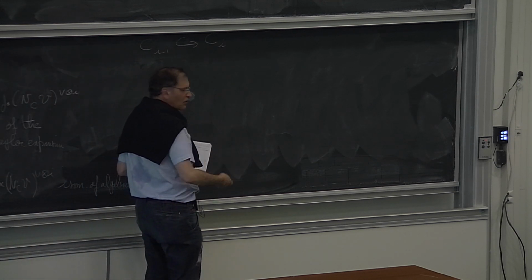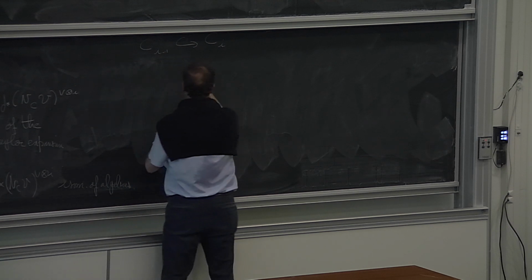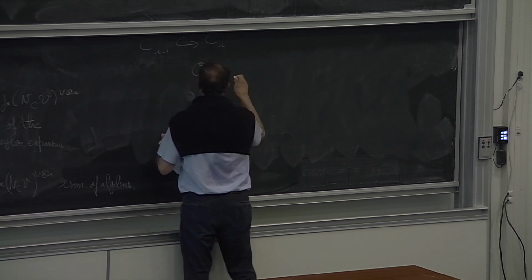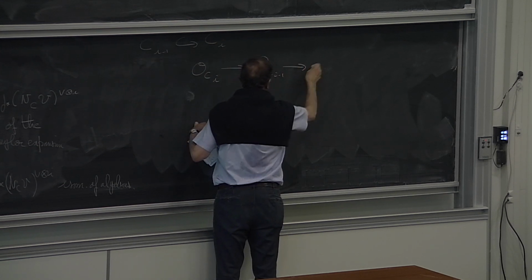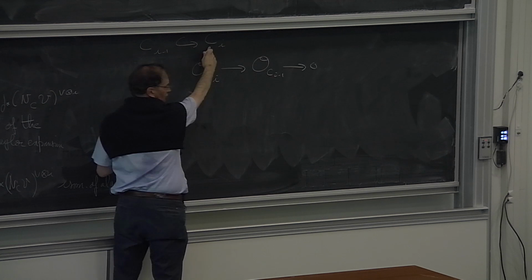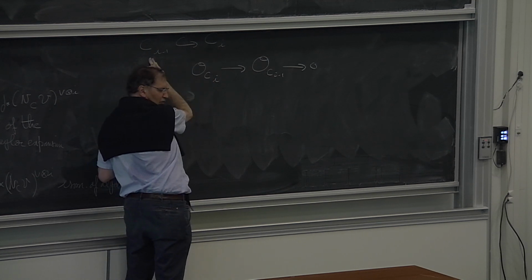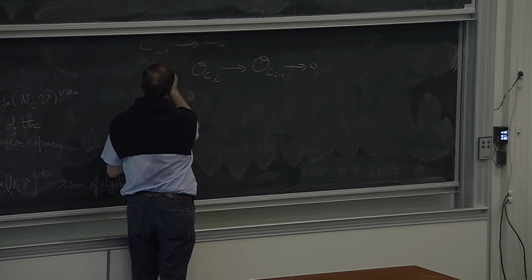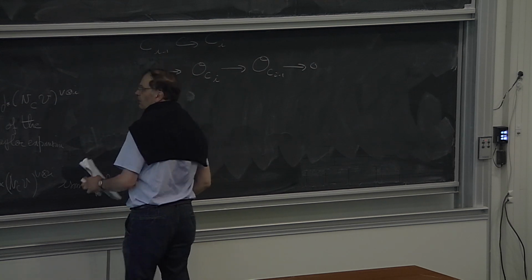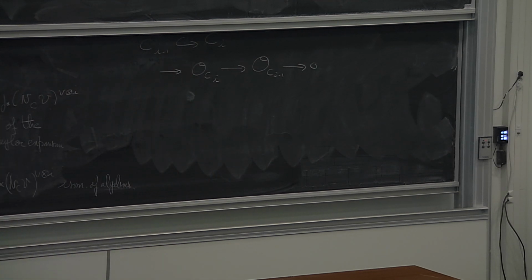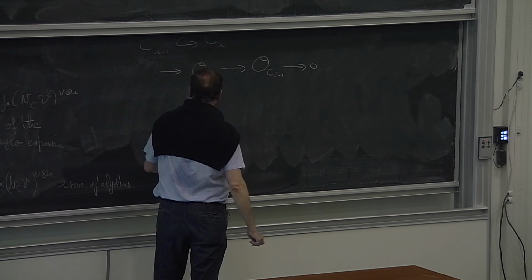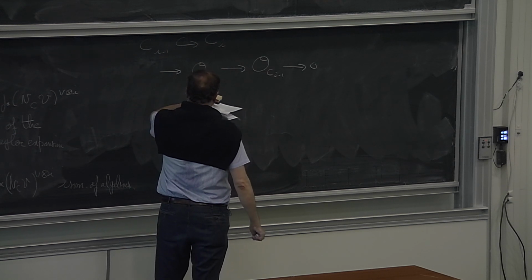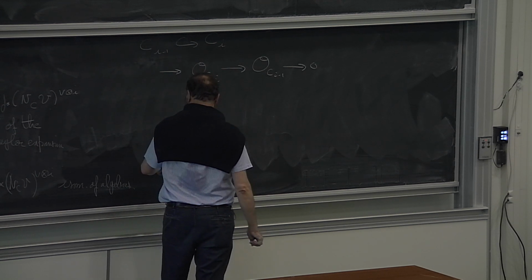At the level of morphisms of sheaves, you get a surjective map by restricting a function there to a function on C_(i-1), and by definition the kernel is exactly this space.